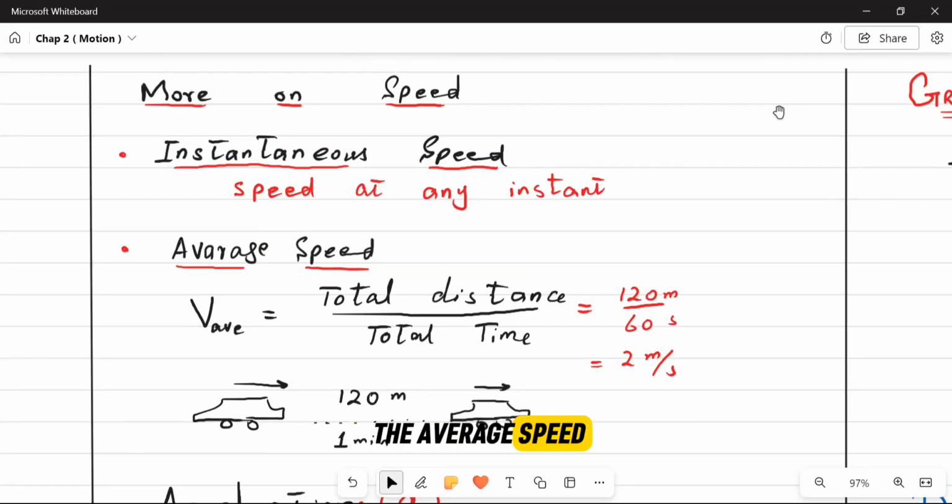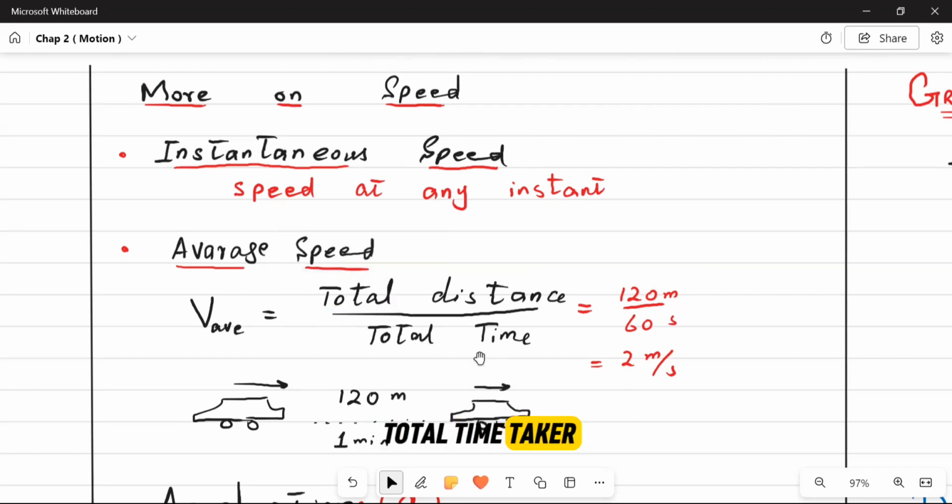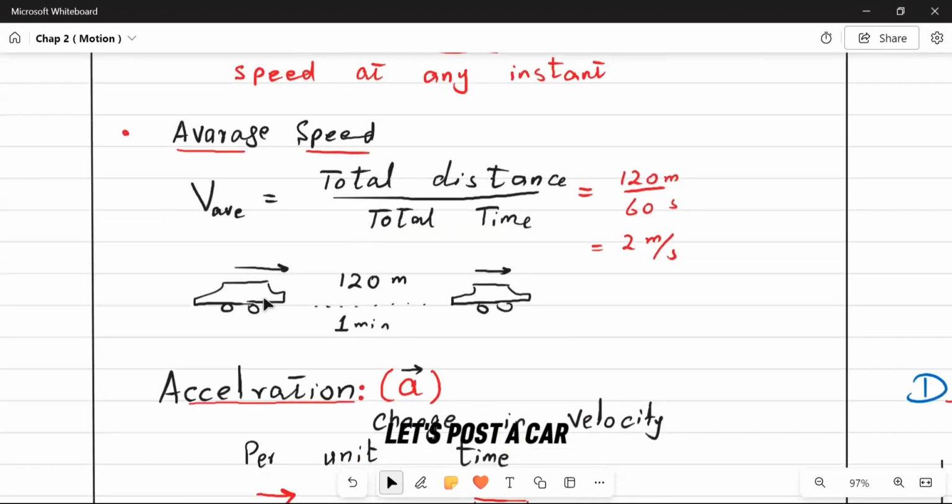And what is the average speed? Whenever you are traveling from point A to B and you reach point B and you calculate your speed, that is the average speed. For example, V average is total distance divided by total time taken. Let's suppose a car is moving from point A to point B. The total distance you have covered is 120 meter in 1 minute.